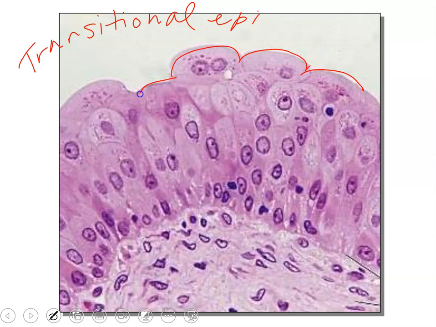We see many layers, but if you have a full urinary bladder, what happens is this epithelium will then stretch to accommodate the amount of urine that's in the urinary bladder, taking on a stratified squamous epithelial appearance. But once that urine has been voided or taken out of the body, it then returns back to its puffy dome-shaped stratified cuboidal appearance. So it transitions from one epithelial view to another. So that's why we call it transitional epithelium.